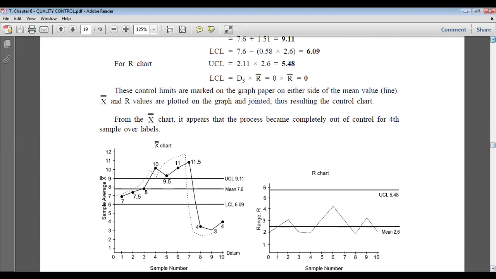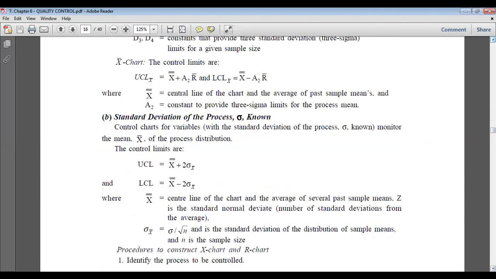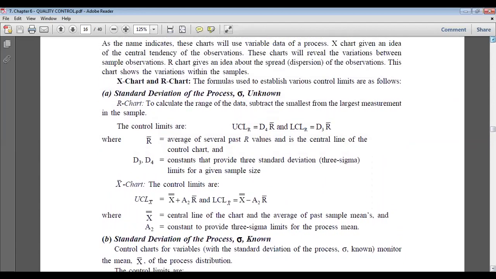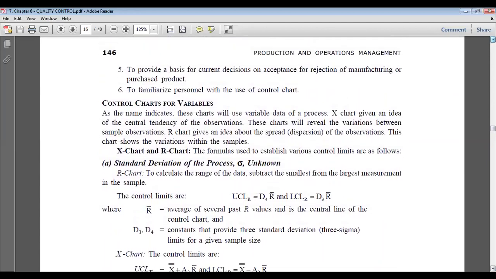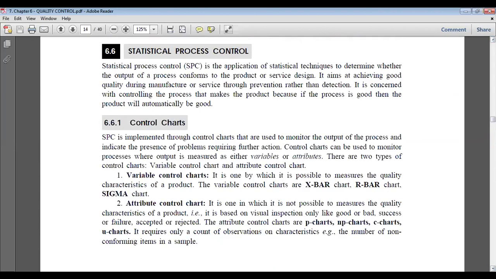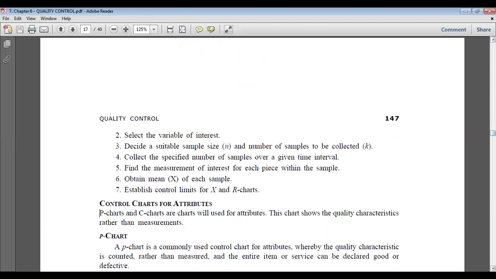You can see we have calculated the upper control limit, then the standard deviation, and when all these values are together, we can easily solve this problem.